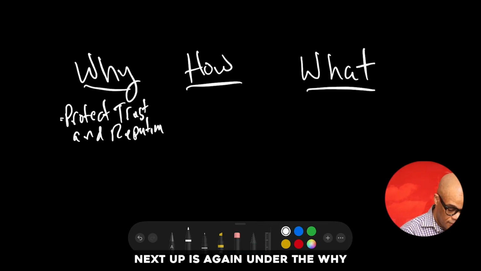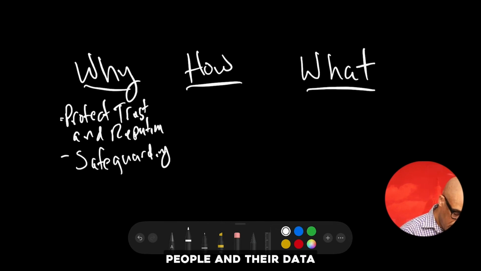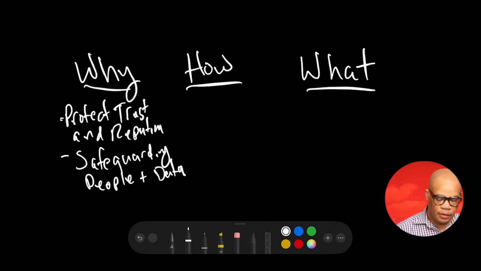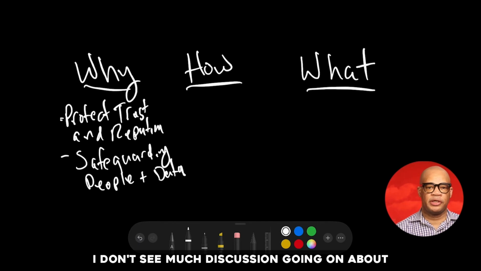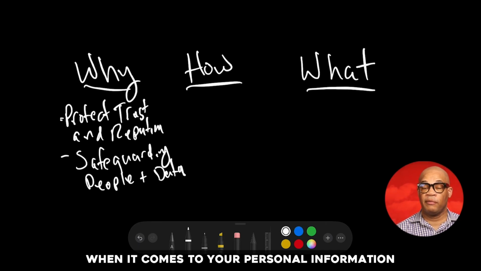Next up is, again, under the why, safeguarding people and their data. I don't see much discussion going on about safeguards that are in place for AI when it comes to your personal information.